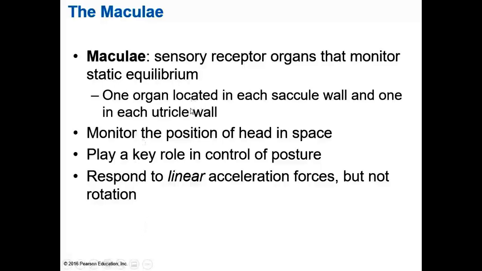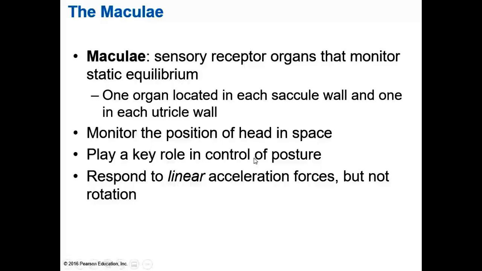Now, the confusing part about this is that we have a macula lutea, which we saw in the eye, and then this is the macula, but they're different names here. So anyway, the thing that's monitoring static equilibrium in the vestibule is the macula.